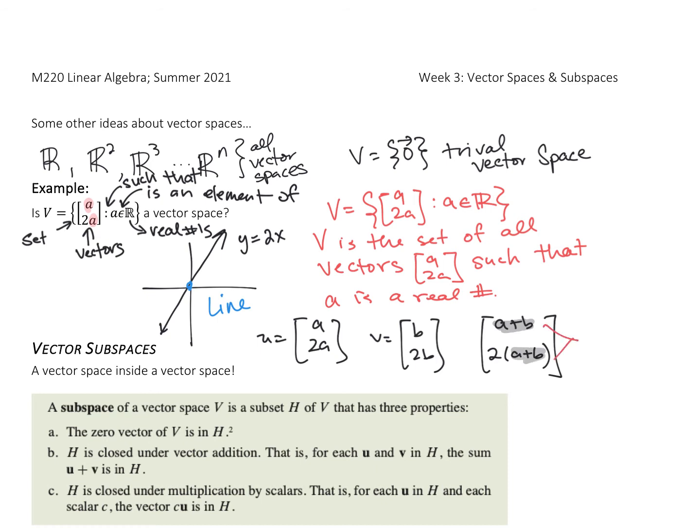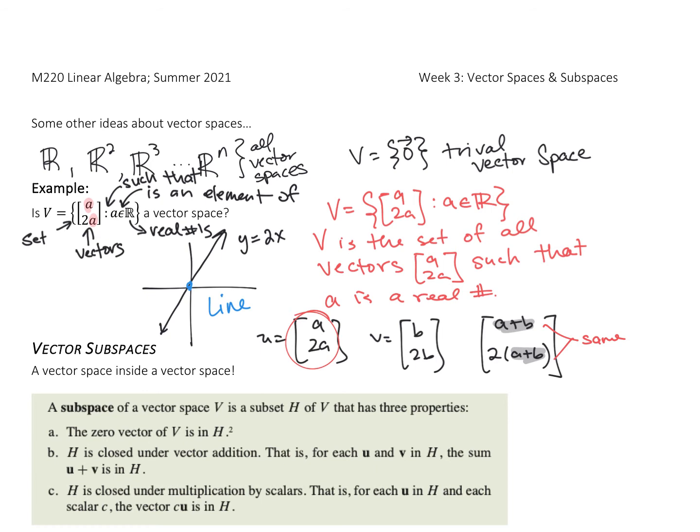So even though I don't know what a and b are, my relationship that the top and the bottom have a similar factor holds true. I could show the same thing for axiom 2: if I reverse that, b plus a is the same as a plus b. So axiom 2 holds, axiom 3 holds. If I threw another vector in there with a c and a 2c, again, I can factor that out and show you that.